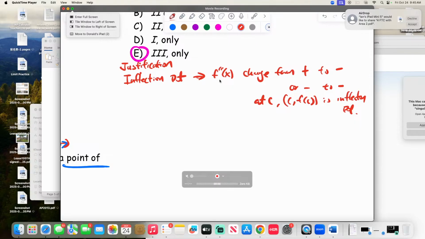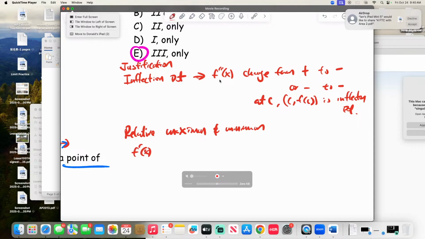If you ever want a justification for relative maximum and minimum, you're going to justify by saying f prime of x changes from positive to negative at C, so C comma f of C is a relative max.